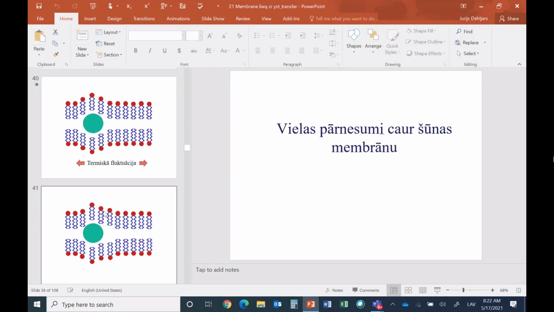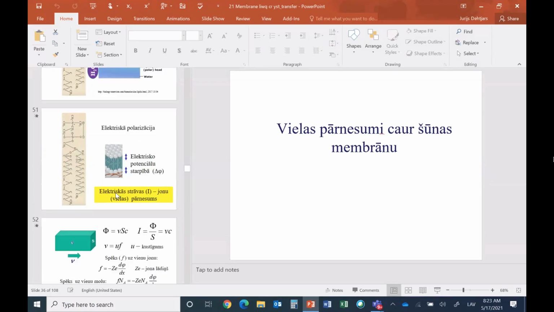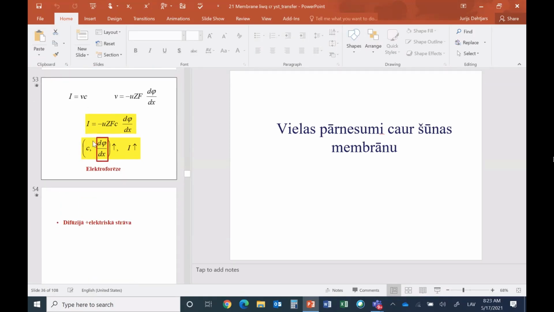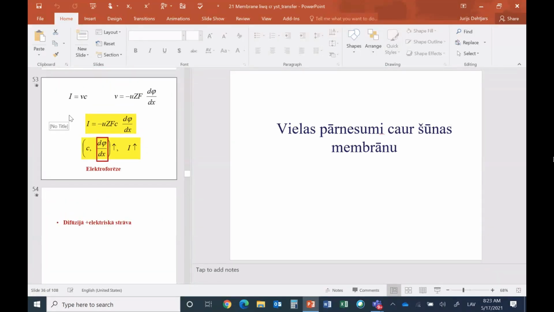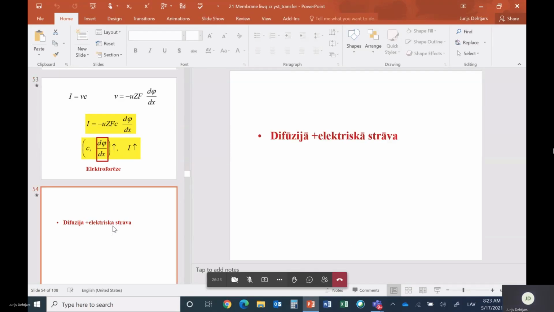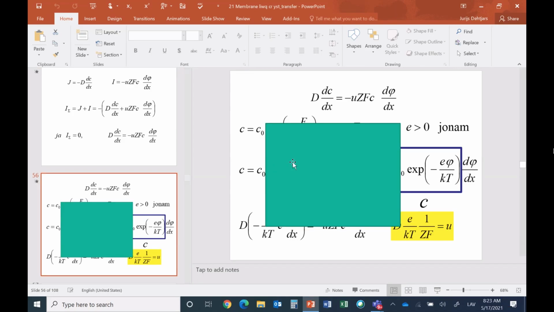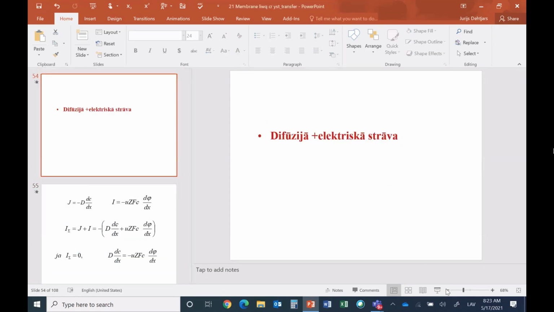So now we continue. We have considered the membrane, and the possibilities to transport ions. We came to the situation when the ions pass the membrane because of diffusion and the electrical current.